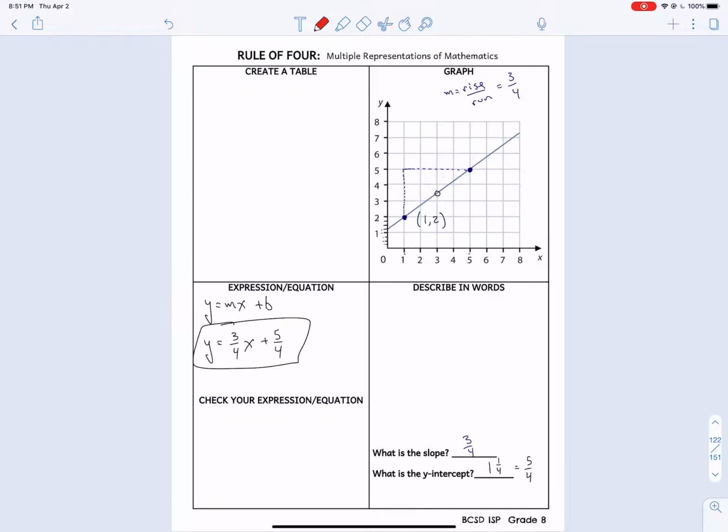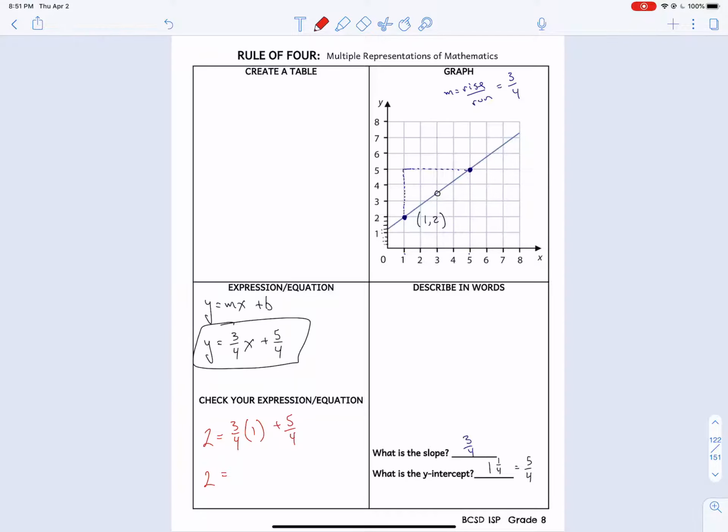This says when x is 1, then y equals 2. So just substitute those numbers in. 2 for y, then 3 fourths, and instead of x, I'm going to put a 1. Everything else stays the same. So 2 just gets dropped down. 3 fourths times 1 is just 3 fourths.